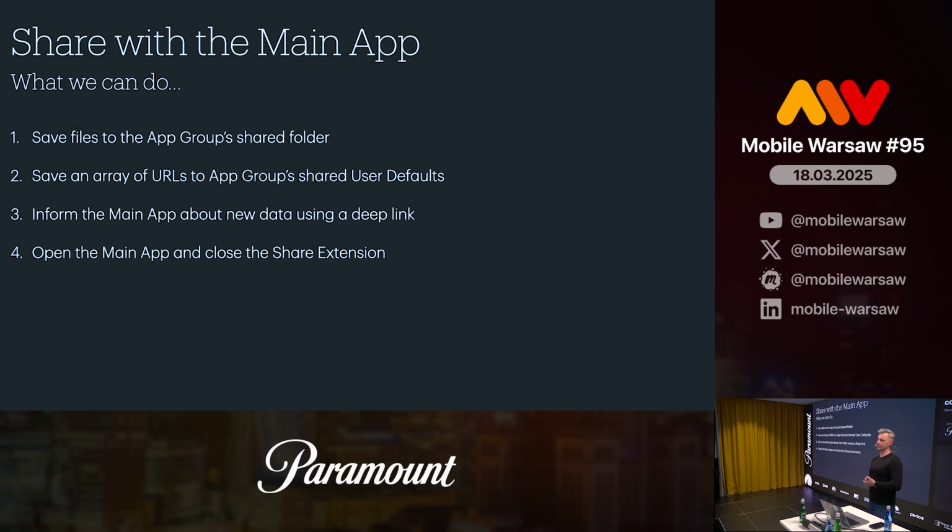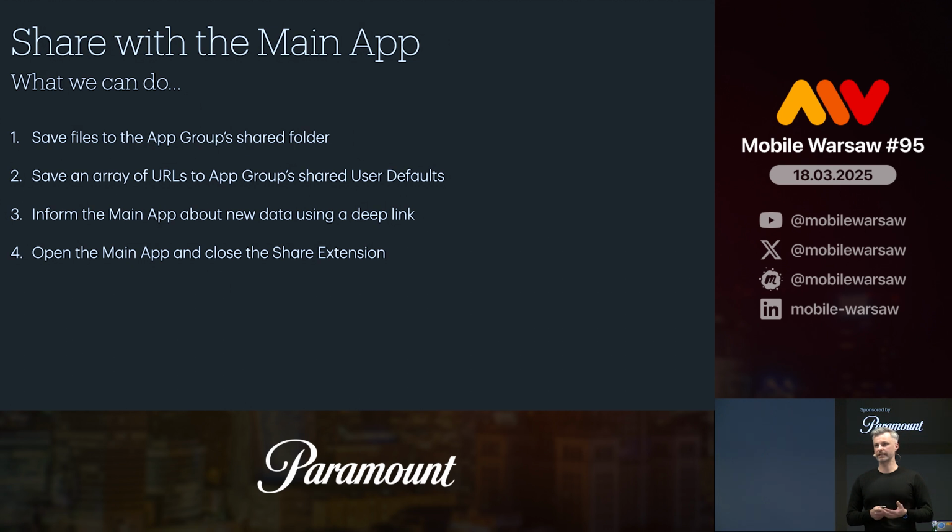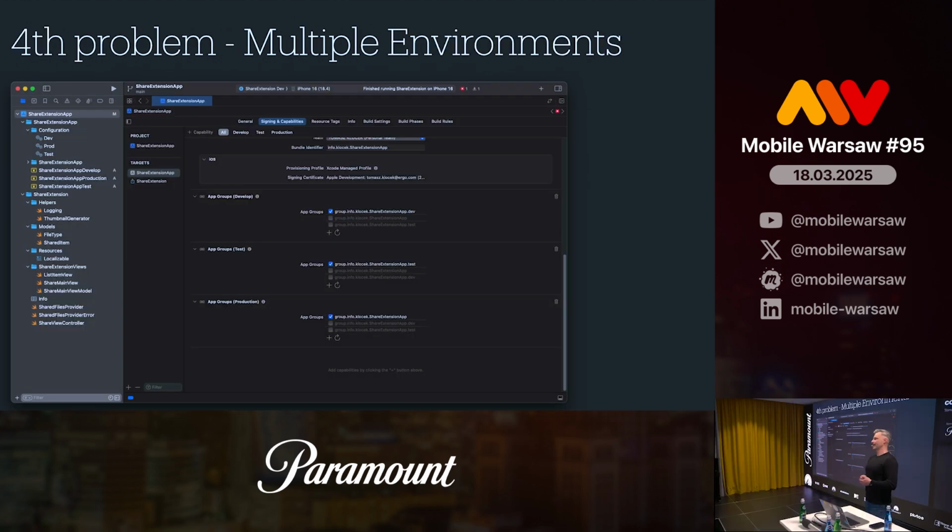I did this using deep links. I will talk about deep links later on. And finally, we need to open the main app and close the share extension. For closing, we have an API. There is a delegate for this, but the rest is custom.